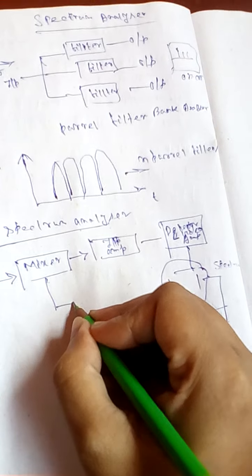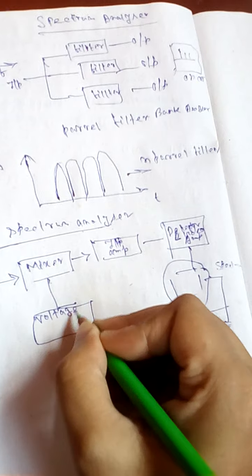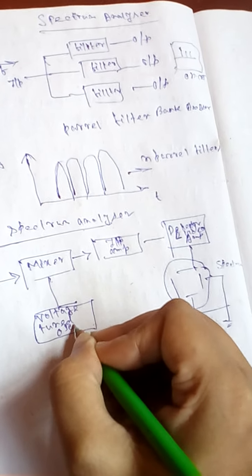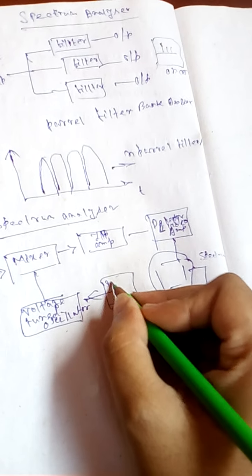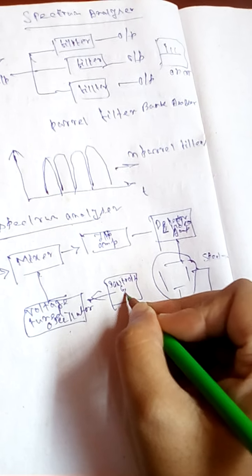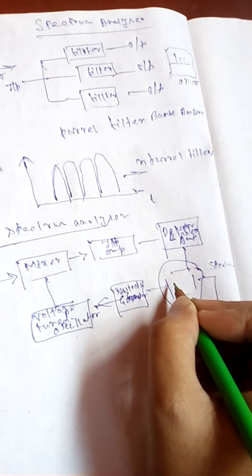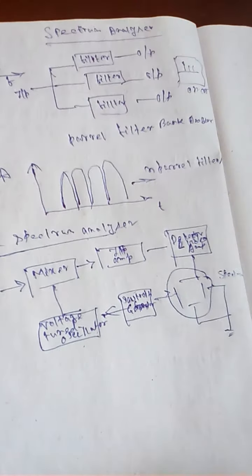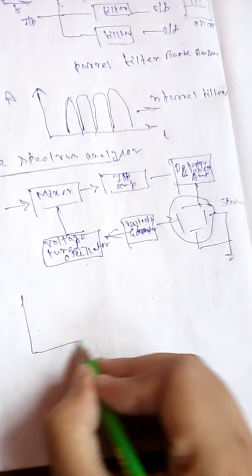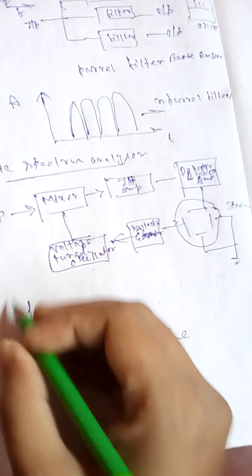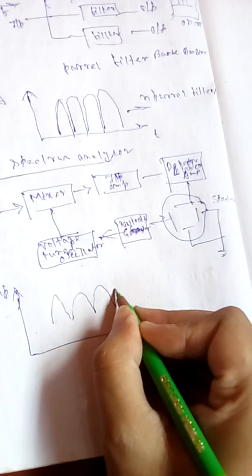In the mixer we take the voltage tuned oscillator, then the sawtooth generator, and this goes to the CRT as well. If we input an AM wave signal, we see amplitude versus time, with time on the x-axis and amplitude on the y-axis.